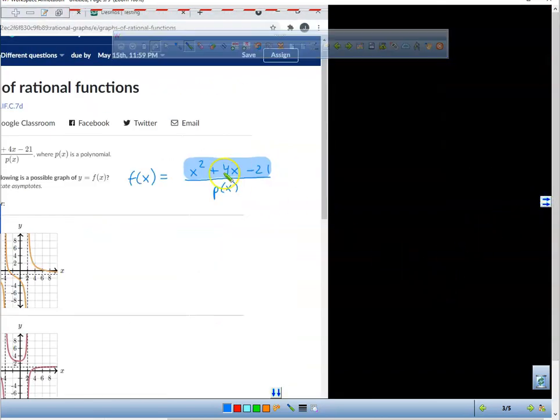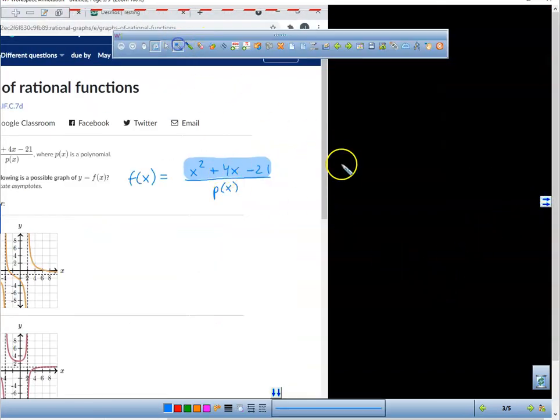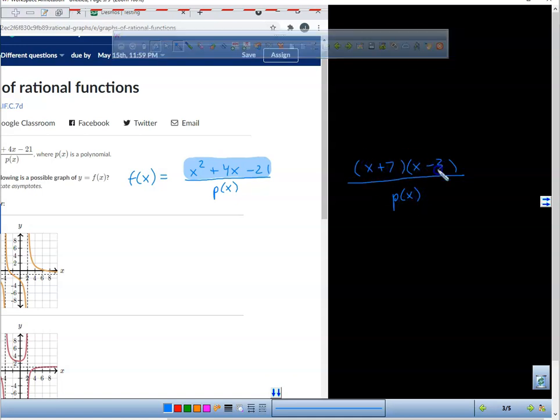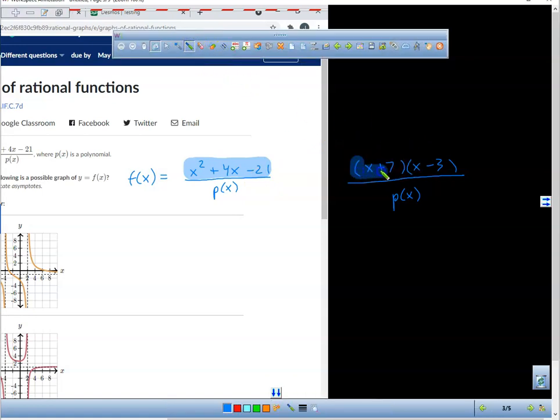All right, so here we go. Can I factor this guy? Heck yeah, I can. What are the factors? X plus 7, x minus 3. I agree, because 7 minus 3 is 4, and 7 times negative 3 is negative 21. Now, in the numerator, we don't have to worry about any asymptotes.